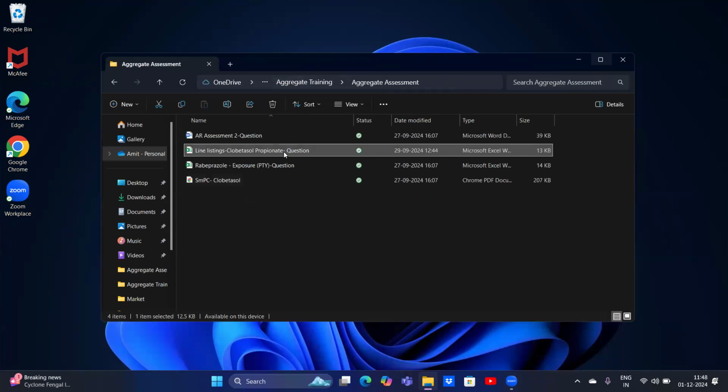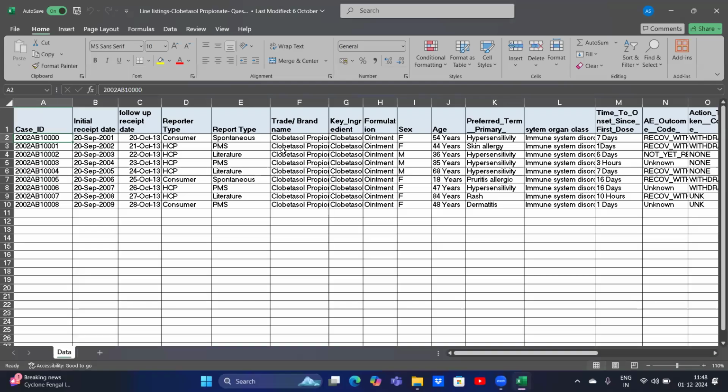We'll open the same line listing, hypersensitivity one. Now suppose hypersensitivity is your important potential risk, and you got these 10 cases during your reporting interval.